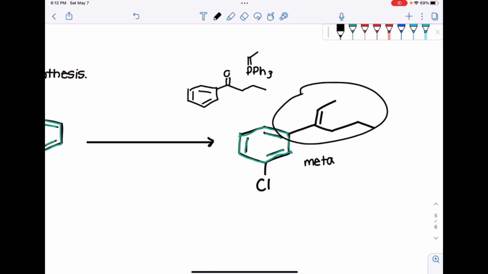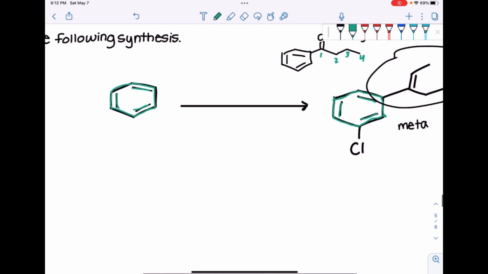So how do we get a ketone substituent added on to a benzene ring? We're thinking EAS, and a way to add a ketone through EAS is Friedel-Crafts acylation, where you have an acid chloride, AlCl3. And the acid chloride would have the same number of carbons, so it would look like this.